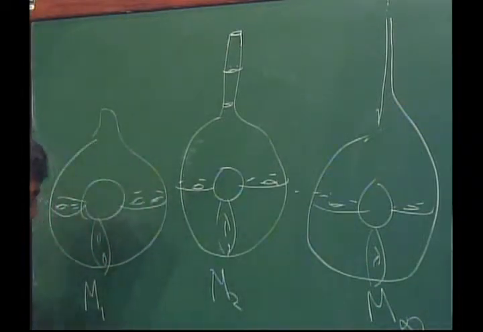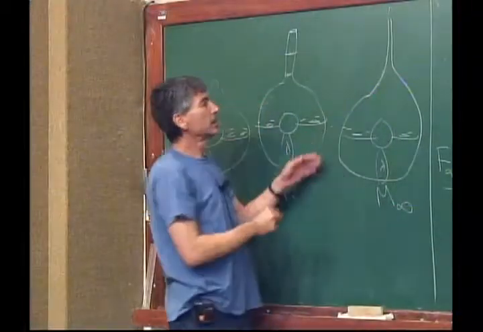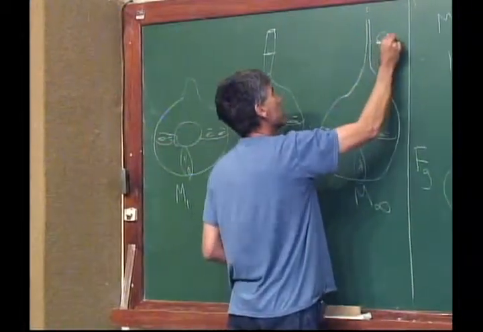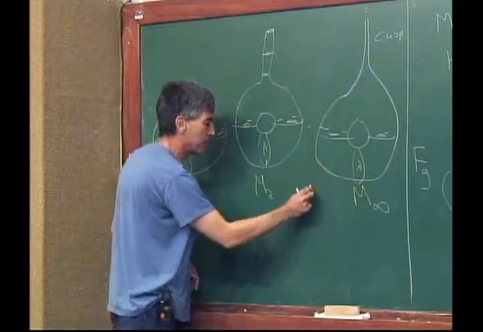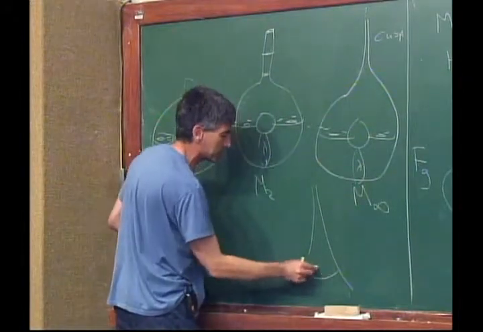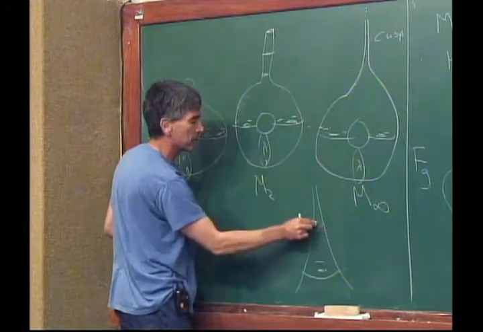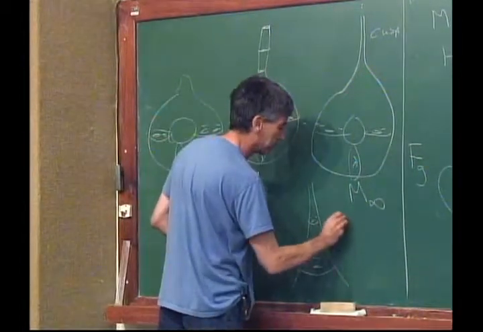And this end of M infinity is called a cusp. And it looks exactly like an ideal cusp if you go far enough out. So an ideal cusp is just the quotient of hyperbolic space by a Z plus Z action.